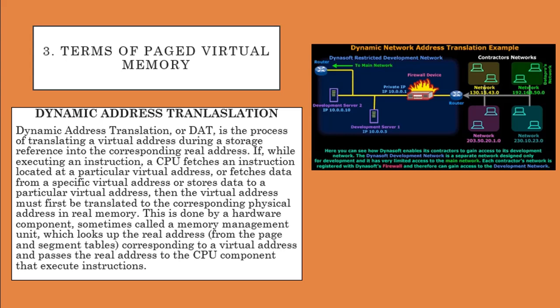If, while executing an instruction, a CPU fetches an instruction located at a particular virtual address, or fetches data from a specific virtual address, or stores data at a particular virtual address, then the virtual address must first be translated to the corresponding physical address in real memory.